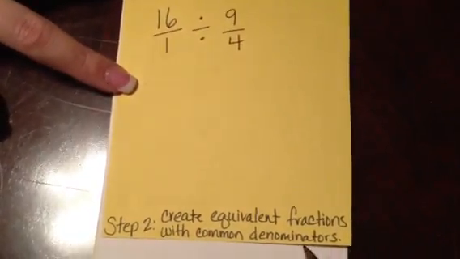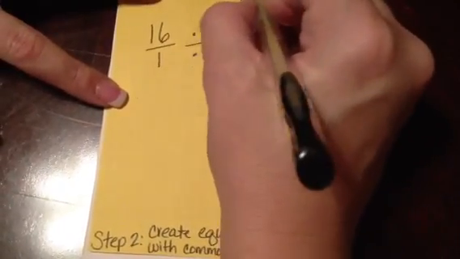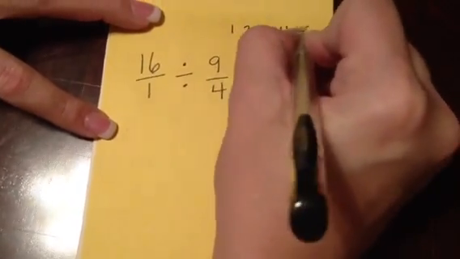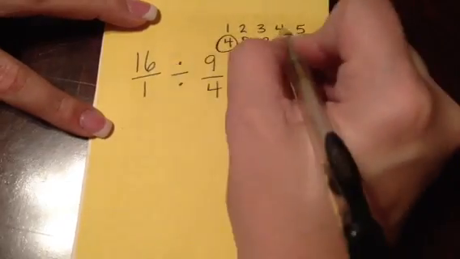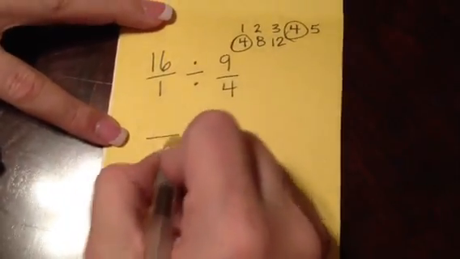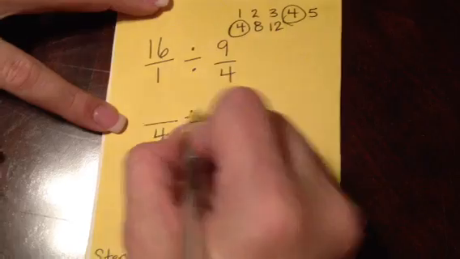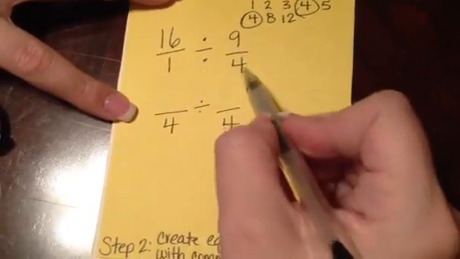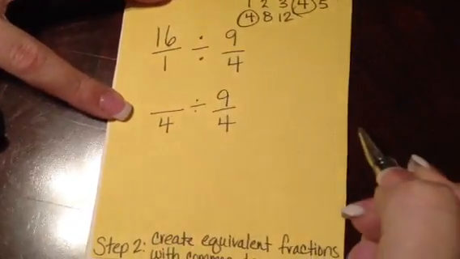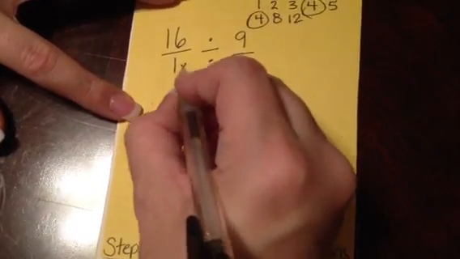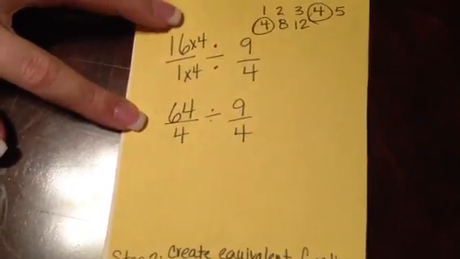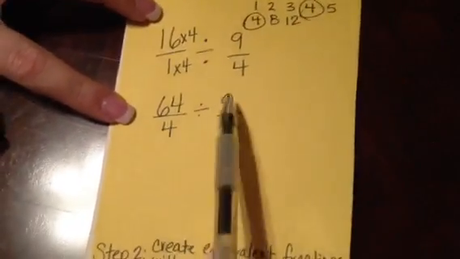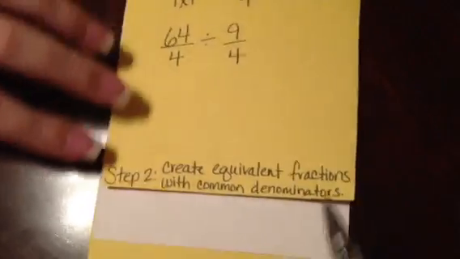And we need a common denominator. So what we would do is count by 1s and then count by 4s until we found the first number that's the same. And in this case, our 4 didn't change, so we get to keep our numerator. How do we change a 1 to become a 4? Times by 4, and whatever we do to the bottom, we have to do to the top. And that's going to make 64. So now we've got our equivalent fractions with common denominators.